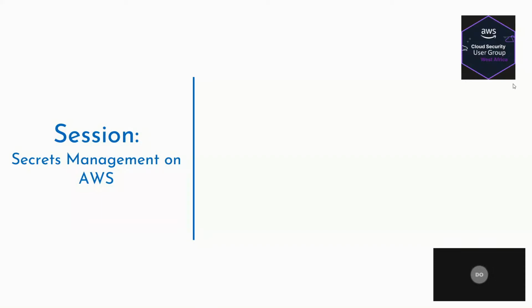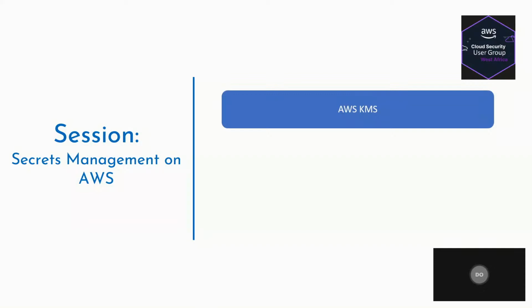We'll look at AWS KMS, AWS Key Management Service, a service we can use for managing keys in AWS. We'll have a look at information you need to be aware of if you're planning to take the AWS Security Specialty Certification exam. This is critical information that you need to know before taking the exam.